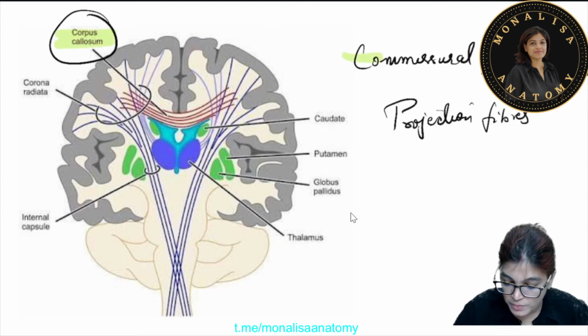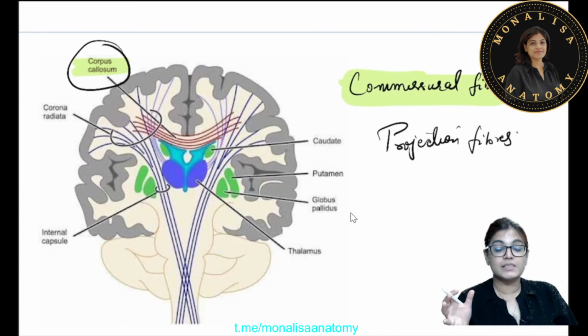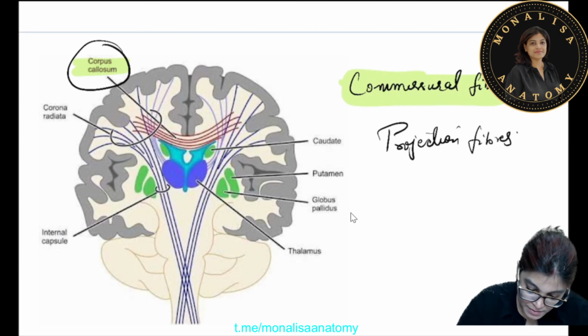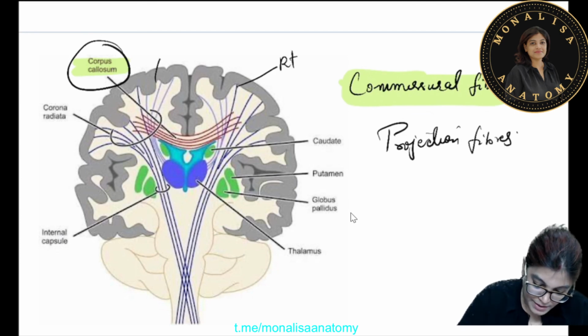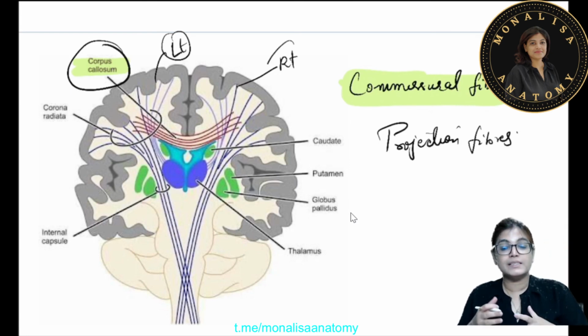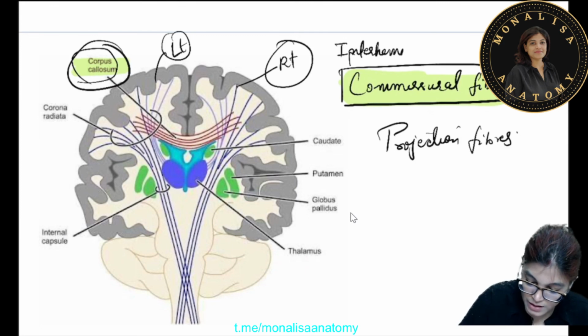Commissural fibers are the fibers connecting two different cerebral hemispheres. As you can see in the diagram, this is the right and this is the left cerebral hemisphere, and the fibers connecting them are the corpus callosum. So commissural fibers will always be interhemispheric, connecting one hemisphere with the other.